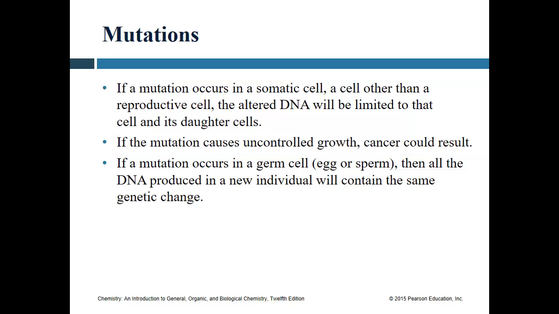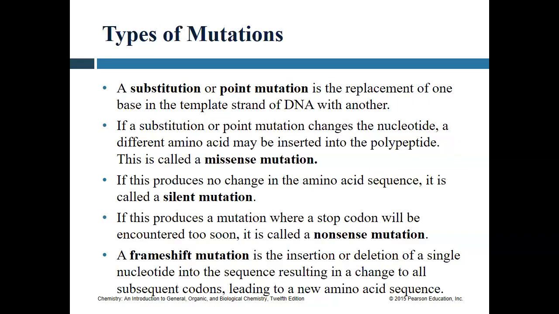And then the new individual would carry that mutation. And it would be in all of their cells because it's starting with a mutated cell. Now, there are different types of mutations that are possible.